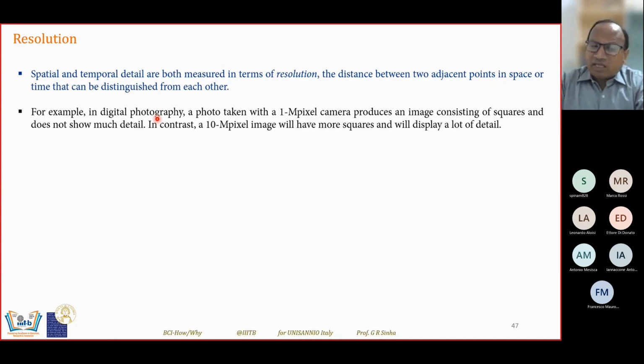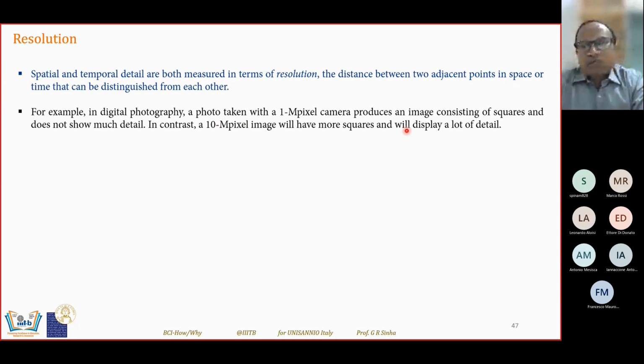So I'll explain the spatial resolution and temporal resolution again, in the form of images or videos. For example, it has given one example, digital photography: a photo taken with a 1 megapixel camera produces an image consisting of squares and does not show much detail. In contrast, a 10 megapixel image will give more details.